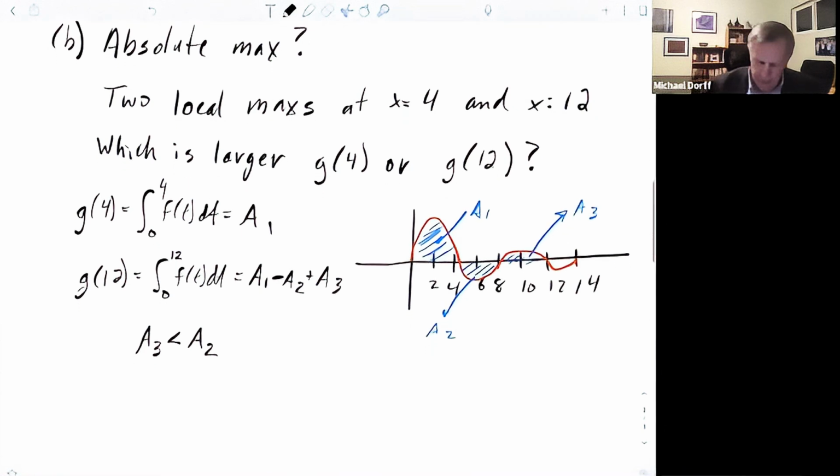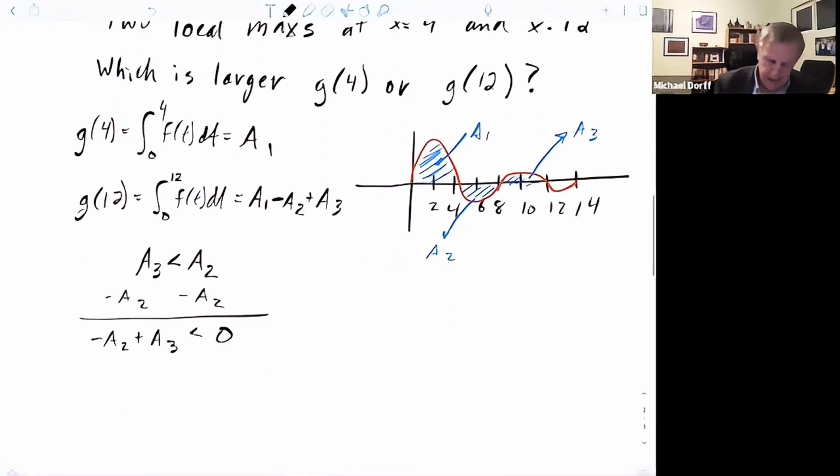All right, so that means if I subtract A2 from both sides, I get minus A2 plus A3 is less than 0. And now if I add A1 to both sides, I get A1 minus A2 plus A3 is less than A1.